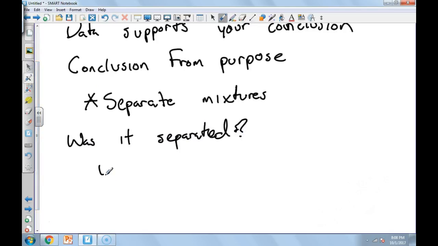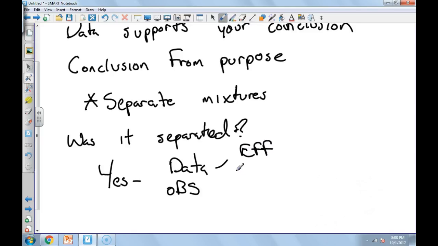And if the answer is yes, you better give me data and observations that support that. Okay? So data like efficiency, data like boiling point, delta boiling point separation, observations like drips, drip rate, anecdotally, observations like temperature.